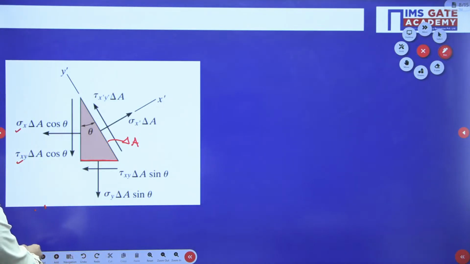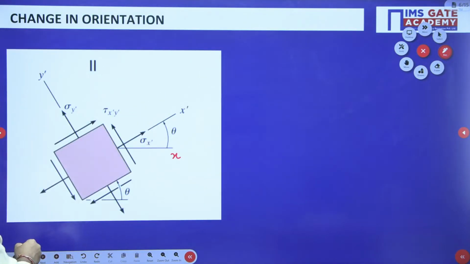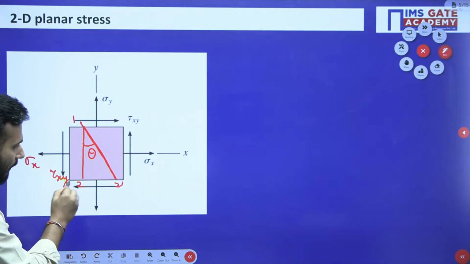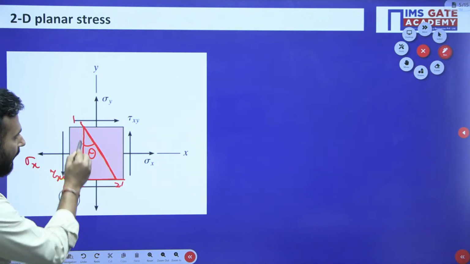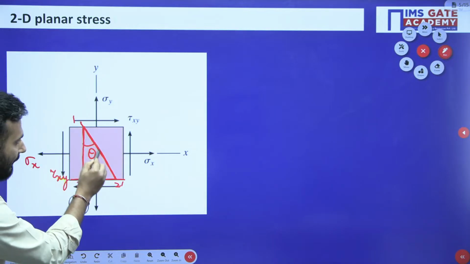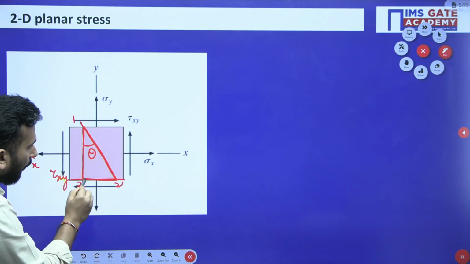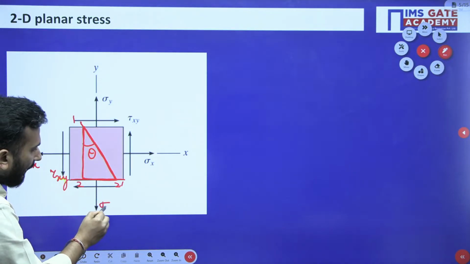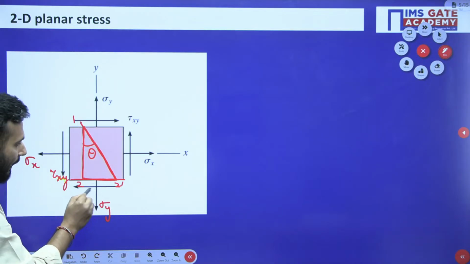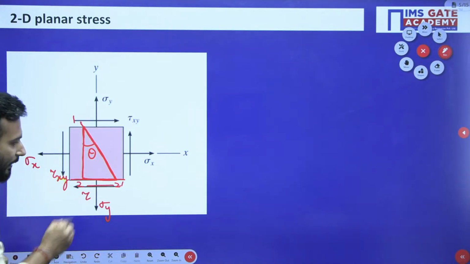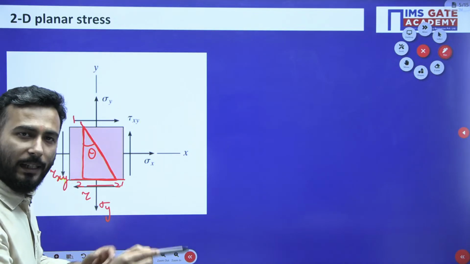Again I am showing you, for example, the bottom phase of the triangle that we are dissecting now. On the bottom one, what was the force? Sigma y was the force, and one shear stress tau was there. So in the new figure it must be there.